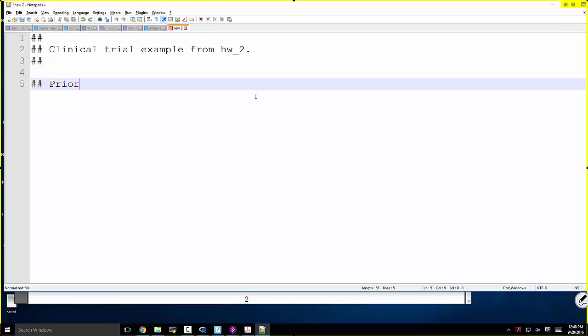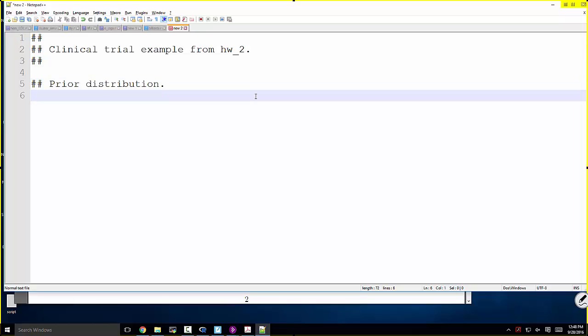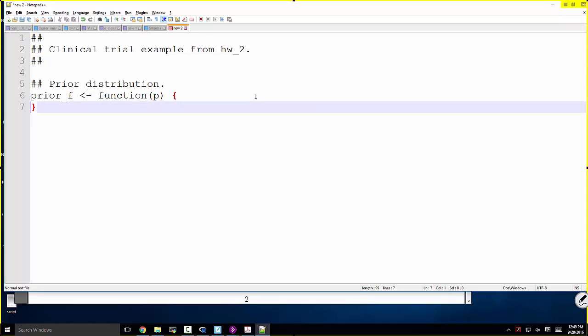Our prior distribution, I'm going to write a function to represent it. This will make it easy to plot it and also to integrate it. I'm going to say prior f is a function of p. And all it's going to return is the beta PDF.